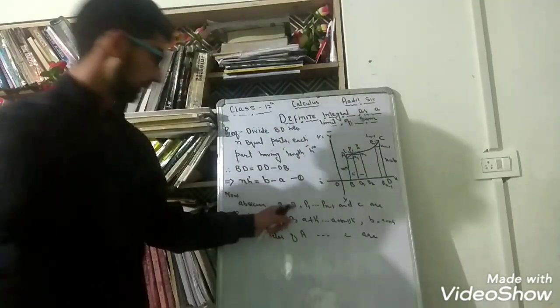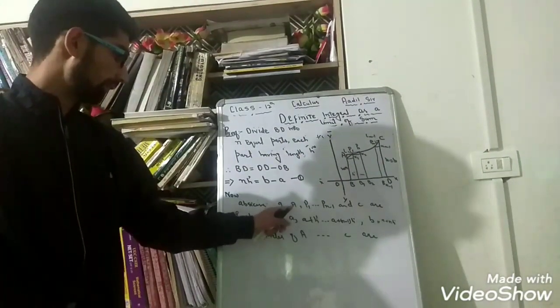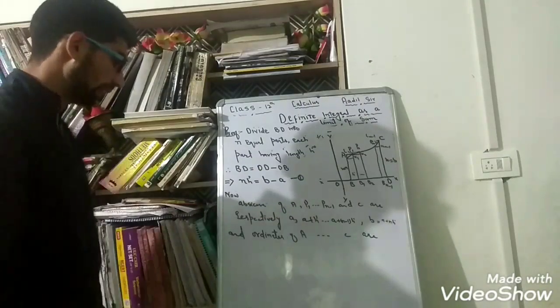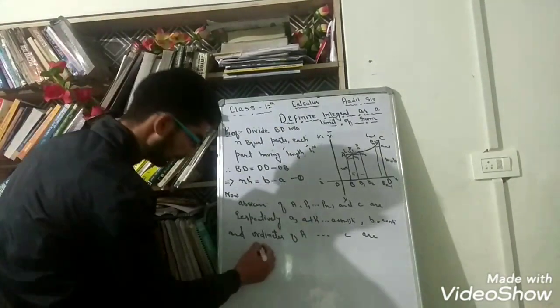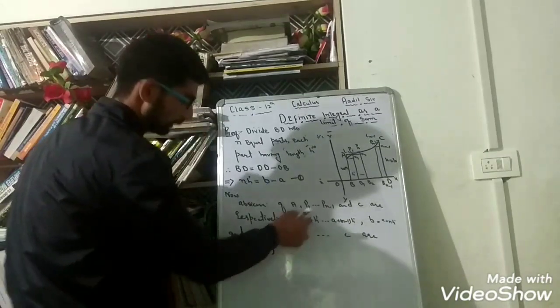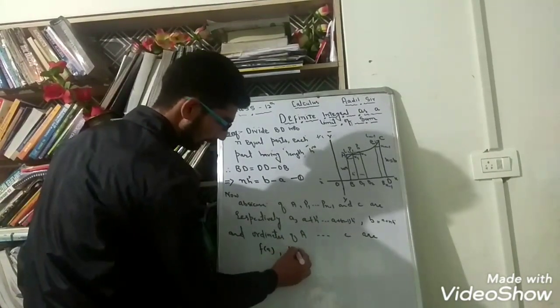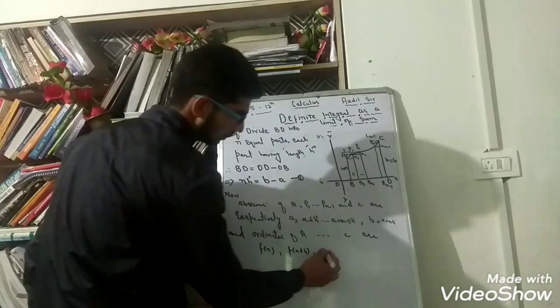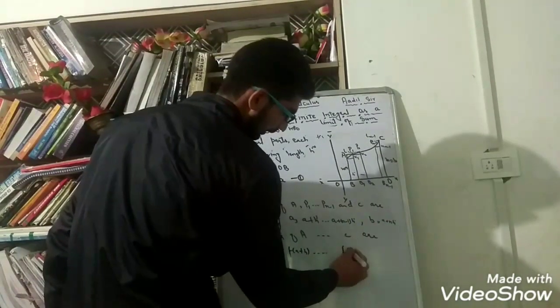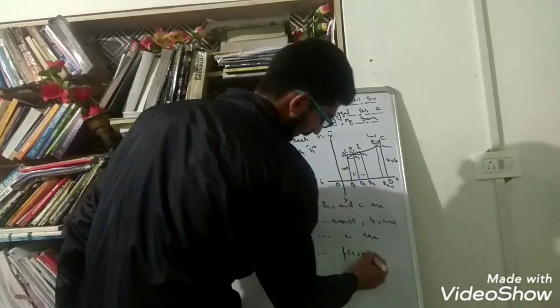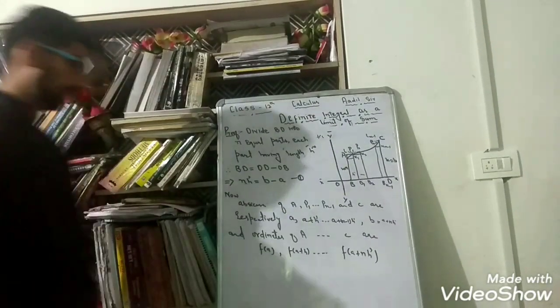So if the abscissa of A is A, then the ordinate of this A is f of A. This one has f of A plus h, and so on, the last one has f of A plus nh. These are my ordinates and abscissa.